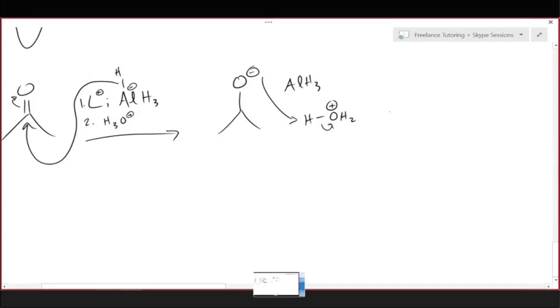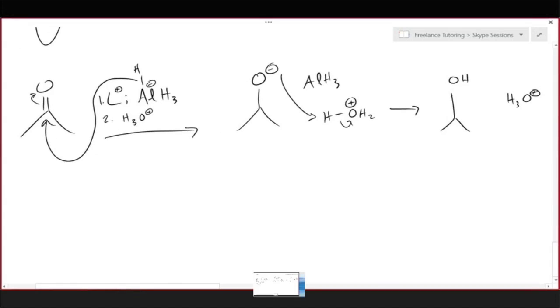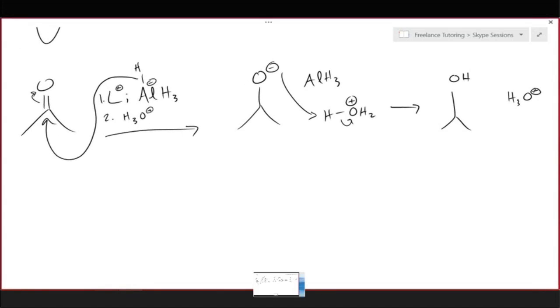Theoretically, even a weak acid would probably do the trick here. Okay. So some textbooks actually write the second step as water, but most textbooks write it as H3O+. Okay, good. All right, so conventionally, theoretically, we could use any strong acid in the second step, but what's most commonly used is H3O+.